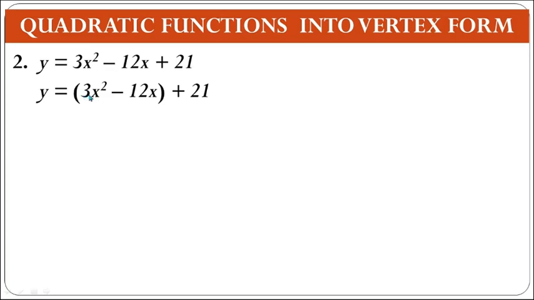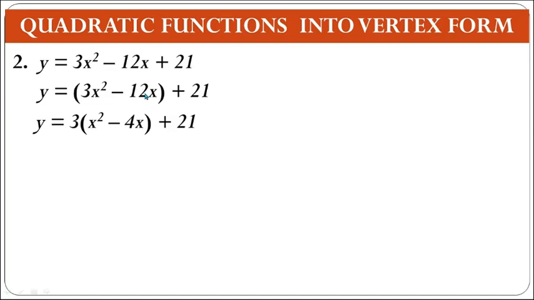So what we will do is divide these two by 3. When we divide, we get x squared minus 4x. So 3 times x squared is 3x squared, minus 3 times 4x is 12x.